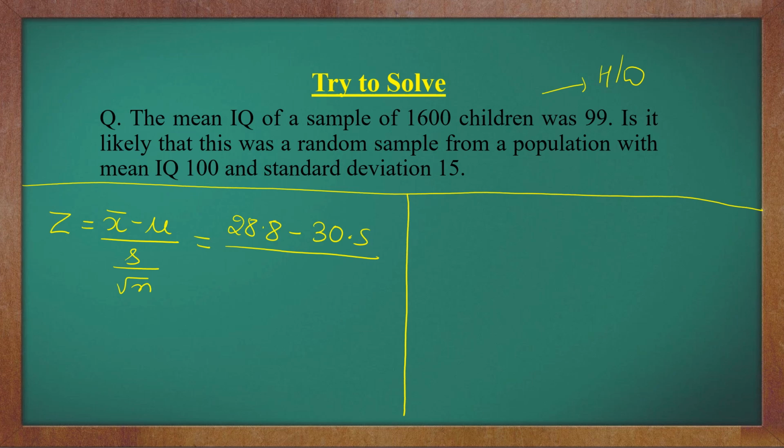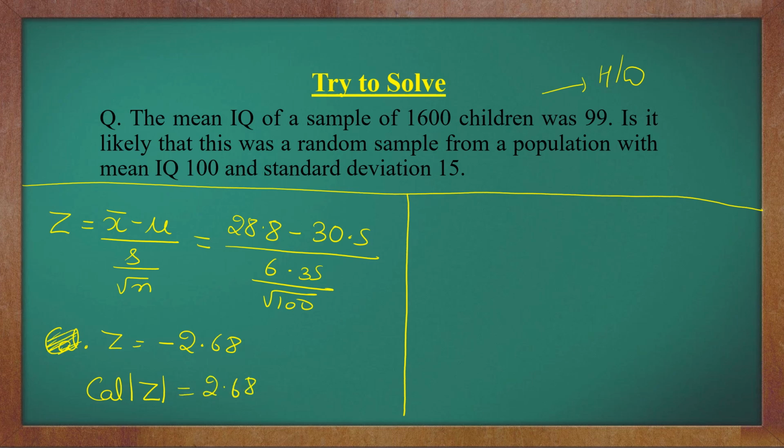S we have calculated, 6.35, under root 100. When you solve, calculated Z will be minus 2.68. So the calculated Z is 2.68, and as already discussed, the alternative hypothesis is for a left tail test.